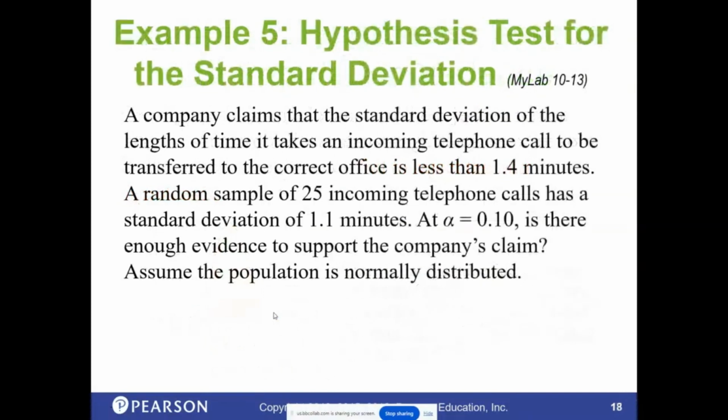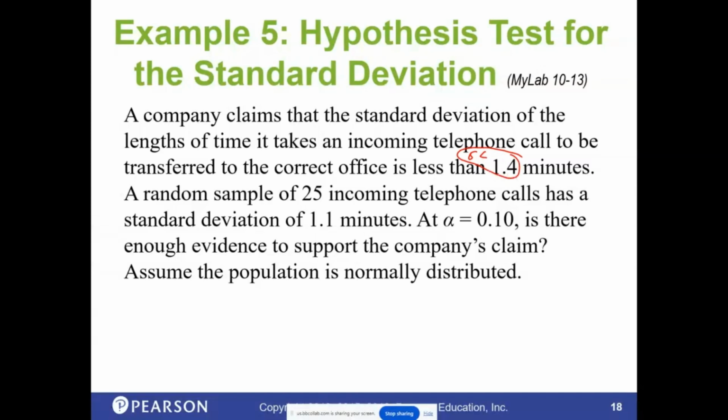Okay, now here's another one. This time a company claims that the standard deviation of the length of time it takes an incoming call to be transferred to the correct office is less than 1.4 minutes. So this is the standard deviation is less than 1.4.